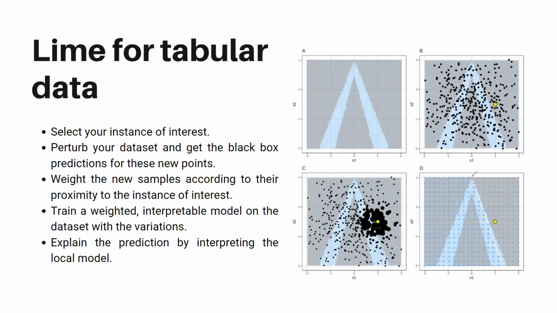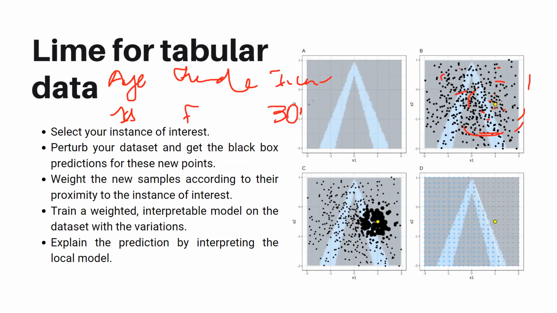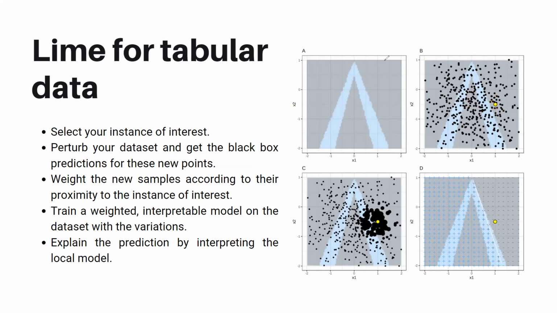We randomly generate new data around our target point. Let's say we have age, gender, and income. We put a random value for age, a random gender, and a random income, and we continue doing this again and again until we have a population that covers a good amount of the data set space.